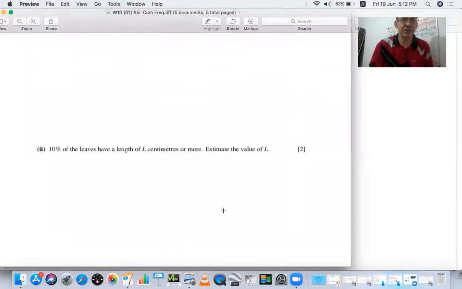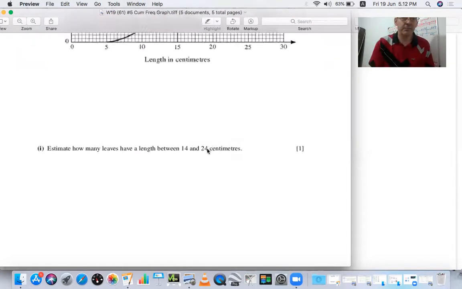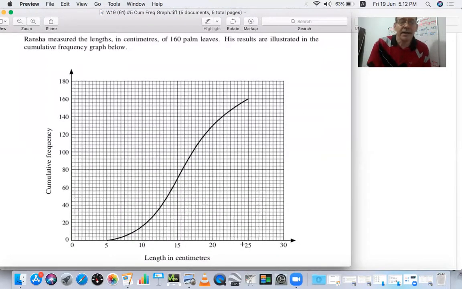Now this particular question says "or more", meaning you're going to the greater than side, right? So if you're talking about 10%, 10% of 160 is 16. But you don't go 16 from the bottom. 16 from the bottom is the less than group.